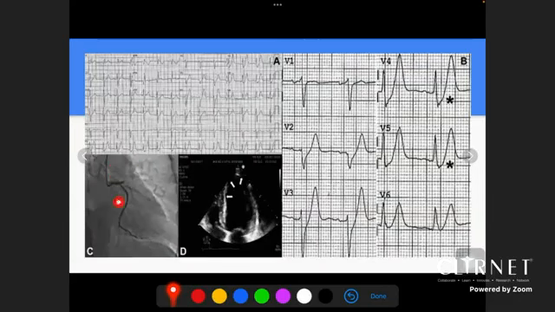Here you can see there is a totally occluded LAD. Also, the apical segments on the echo are hypokinetic or akinetic with this pattern of ST depression plus hyperacute T waves. You can see here also V4, V5 is more manifest.